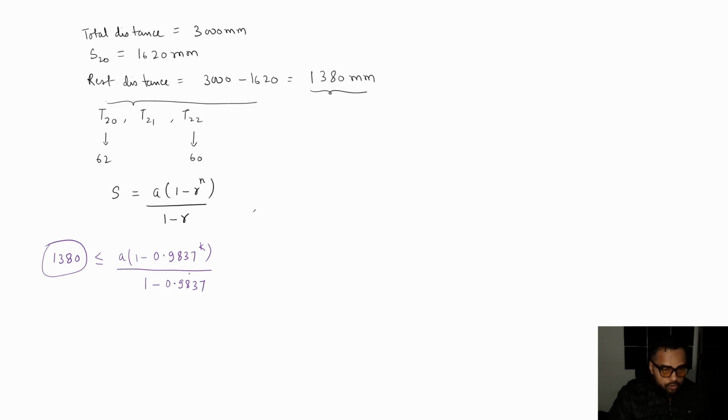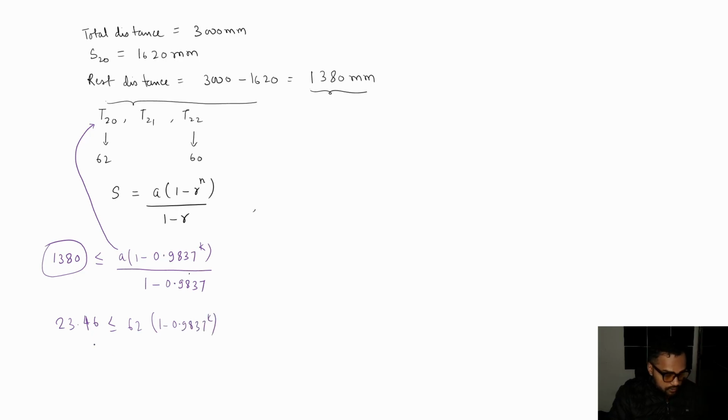We are getting 23.46 on the left hand side, and on the right hand side, since a is 62, we'll be writing it as 62, and here 1 − 0.9837 raised to the power k.